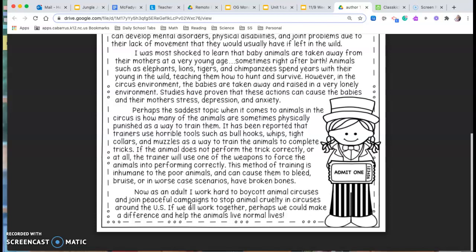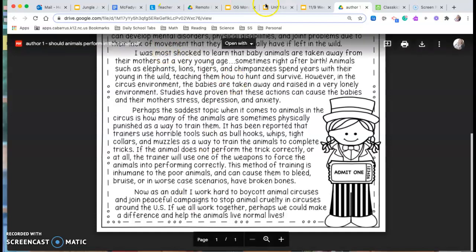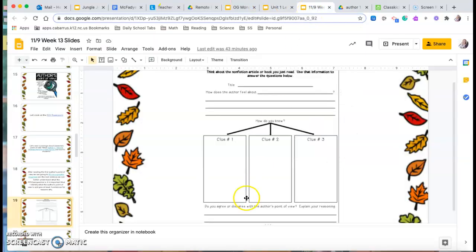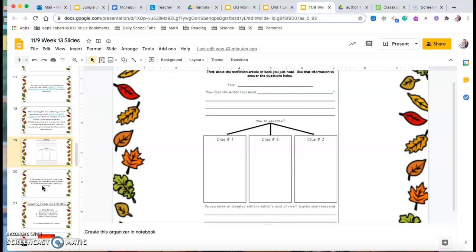That means that they don't go, and then they have peaceful campaigns to stop animal cruelty in circuses around the U.S. So they want these things to stop, and I completely agree with them. So that would be my opinion down here, or my point of view, and I would put that into a sentence with a capital letter and punctuation.